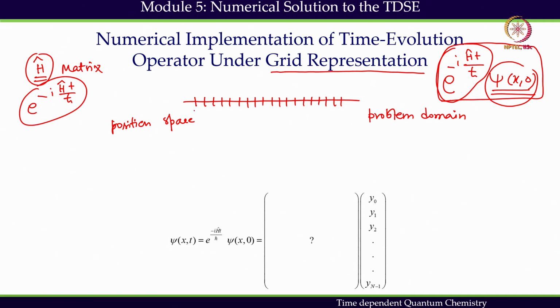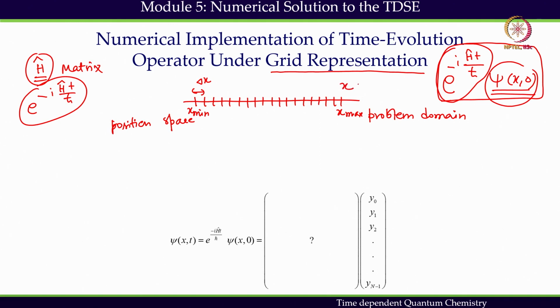Basically, we take some x minimum and some x maximum, and this range is divided into small intervals, and each point is going to be a grid point. So, this is called the x grid.